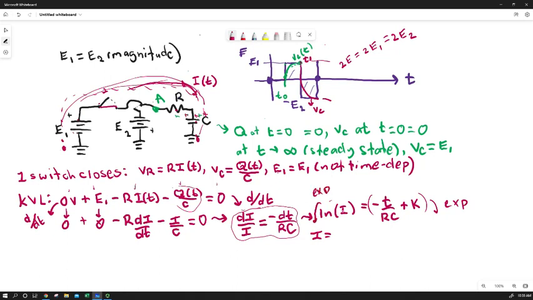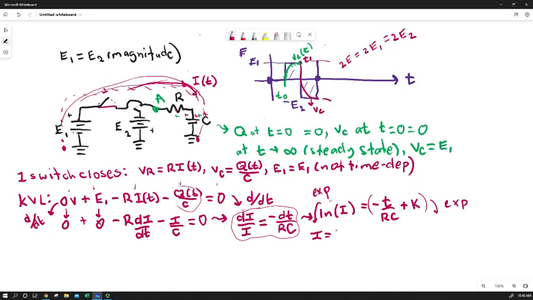So the exponent of natural log of I is just I, because exponent and natural log are inverses, they undo each other. The exponent of this term we could write as exponent of negative t over RC plus k, but one property of exponents, for those of you who have taken some algebra 2, is that you can express the exponent of a sum as the product of the exponents of the two terms in that sum, the two addends.